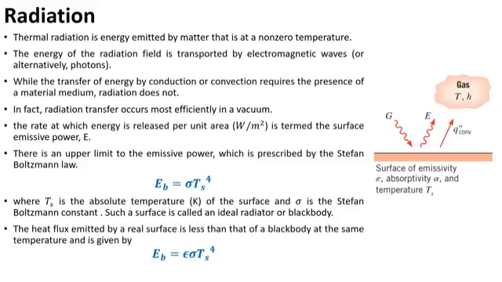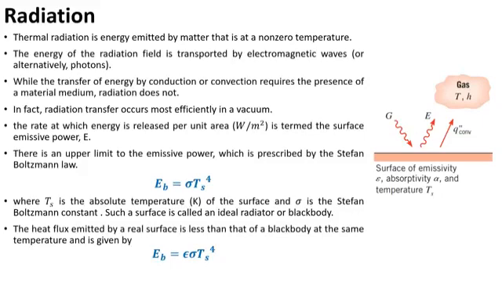The amount of emissive power, or the amount of radiation emitted by a body, is given by the Stefan-Boltzmann law, which is E_b equals sigma T_s power 4. This is the emissive power of a black body.